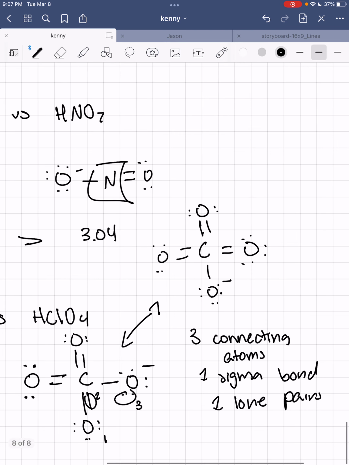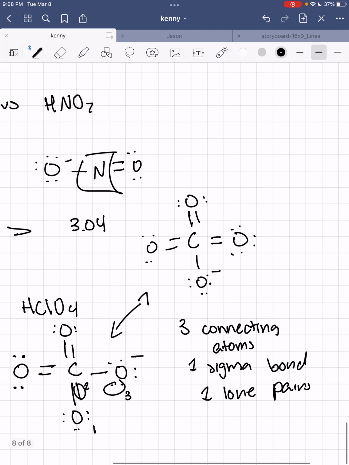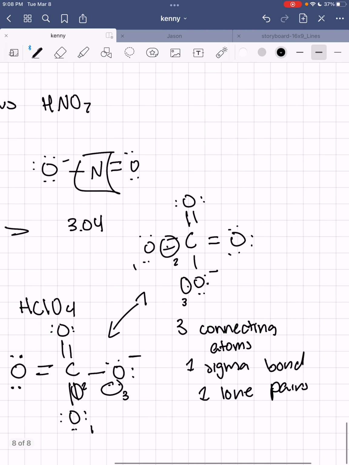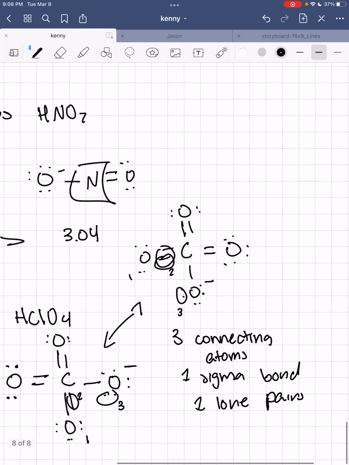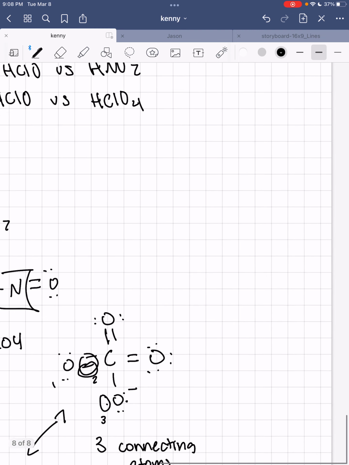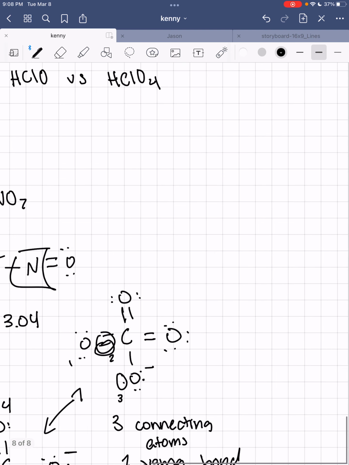And then we can do more resonance with this one, with there being a sigma bond here and a lone pair here. So it would be 1, 2, 3, with this bond becoming a lone pair, and this lone pair becoming a bond. And then you can do it again, so I'll just drop the other two.